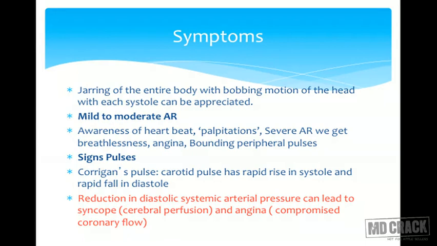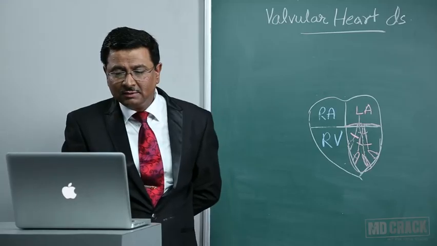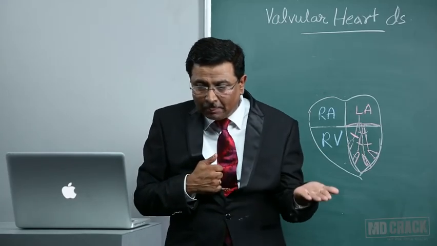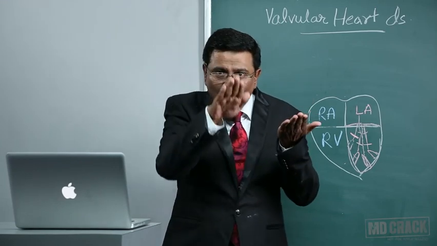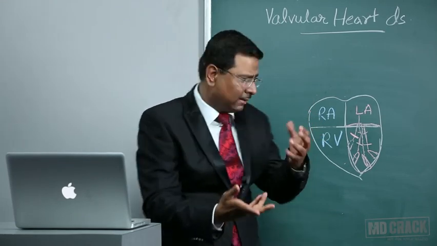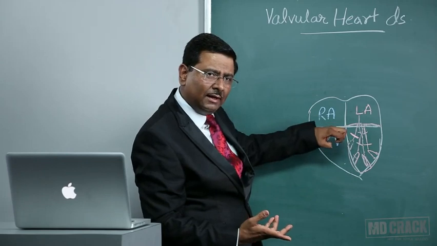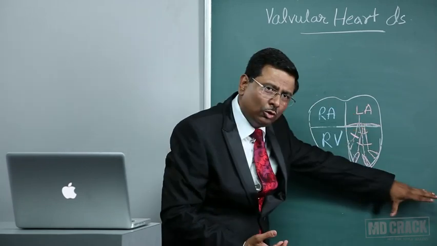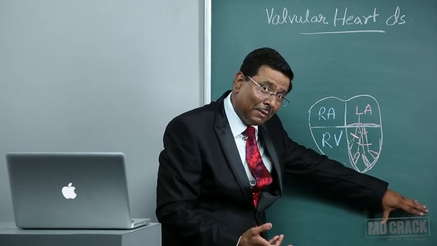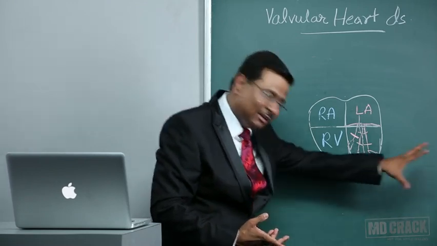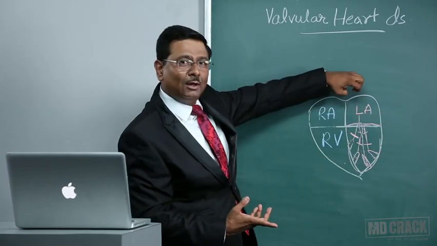There are various signs which are seen in aortic regurgitation. First is Corrigan's pulse. What is Corrigan's pulse? The carotid pulse has a rapid rise in systole and a rapid fall in diastole. You can understand there is aortic regurgitation, right? More blood goes out during systole, but during diastole, because of the regurgitation, the blood goes back.